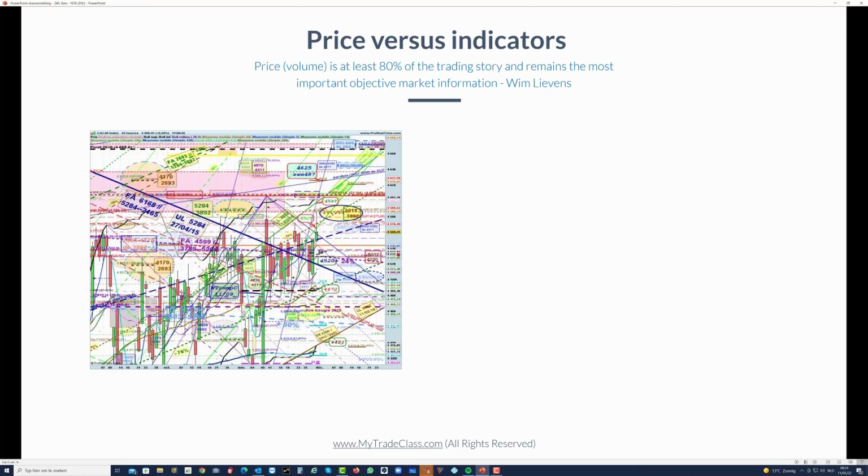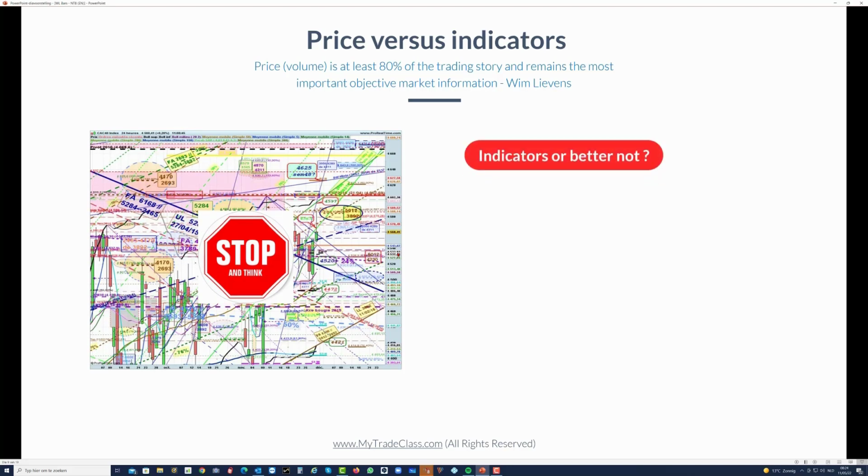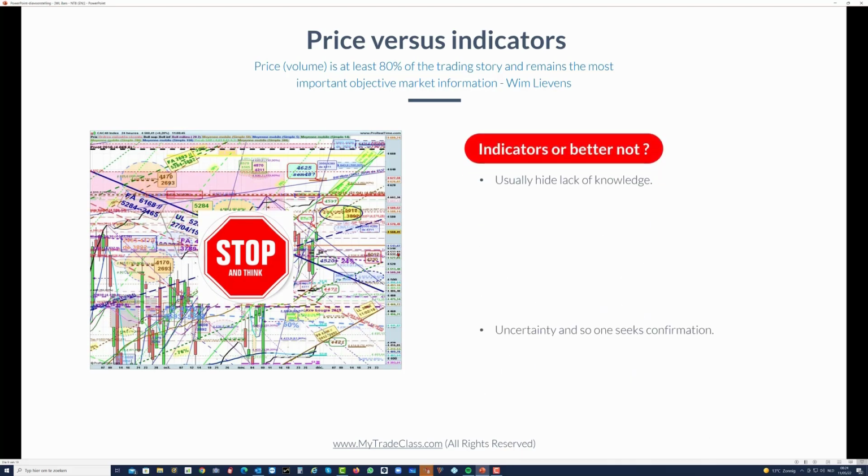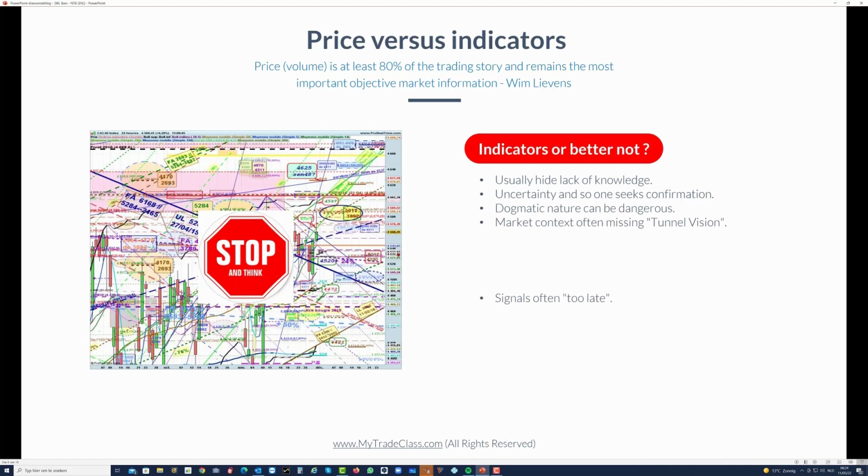Now, just a little more about this price analysis or volume analysis versus indicators. This is actually a real picture I got from someone. Now, we're not here to joke about this, but it's quite serious, because people will put so many indicators, lines and stuff on their charts, and will always be on the lookout for new things, and in the end of the day they get lost.